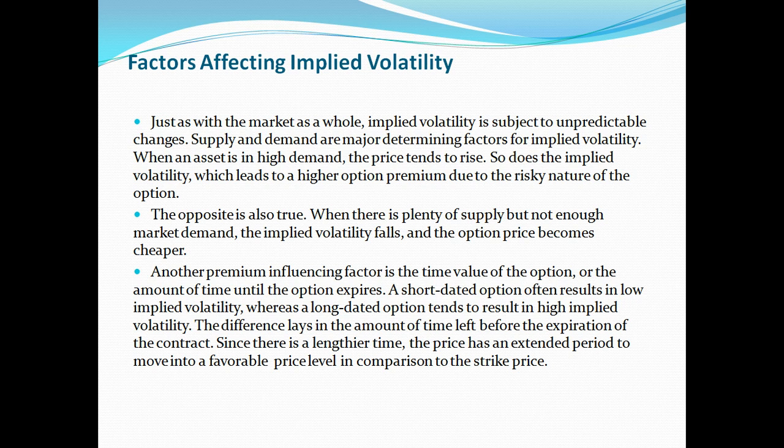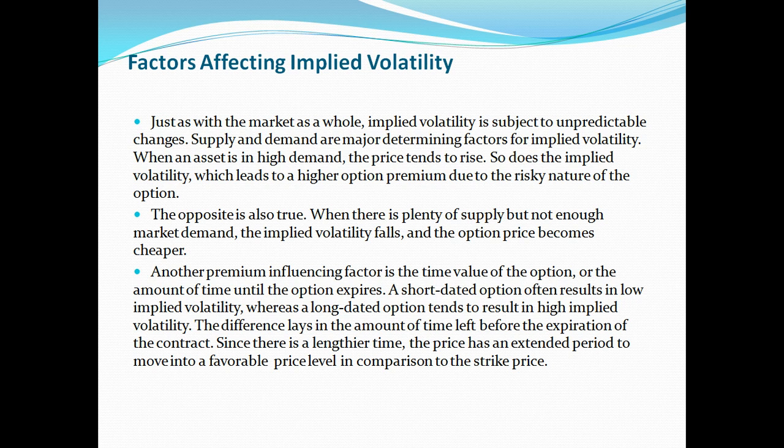The opposite is true. When there is plenty of supply but not enough market demand, the implied volatility falls and the option prices become cheaper. Another premium influencing factor is the time value of the option, or the amount of time until the option expires.